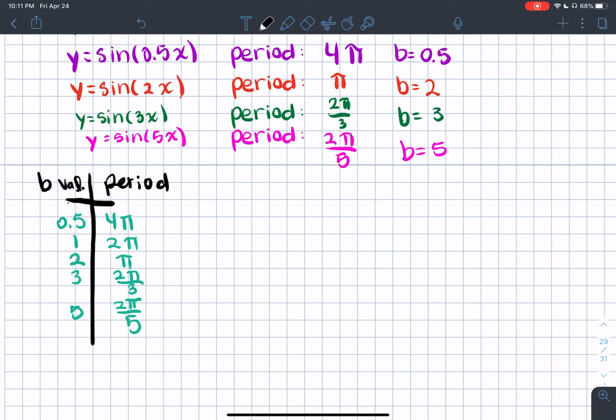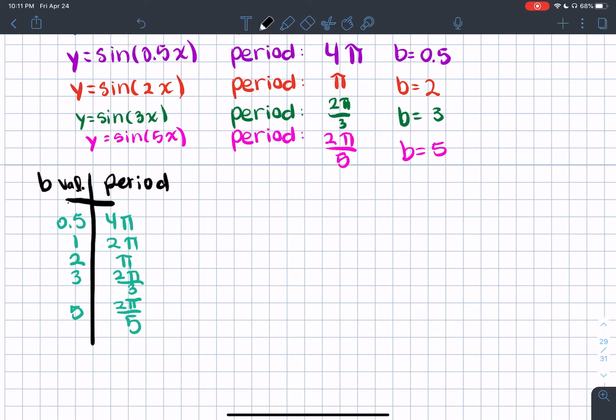When we get to 2, it's pi. So again, the number is doubled, and now our period is half the length. Now once we get to 3 and 5, we start to really see what's happening here. Because when we have 3, our period is 2 pi over 3. And when we have 5, our period is 2 pi over 5.